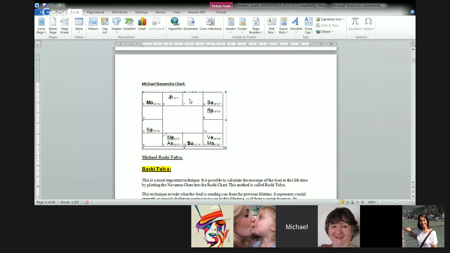One of the special houses you look at to interpret the Navamsha chart is the 7th house. You look at the 1st house and the 10th house of every Varga chart or divisional chart, and of course you look at its own special house, which in the case of the Navamsha is the 7th for marriage and the 9th for spirituality.